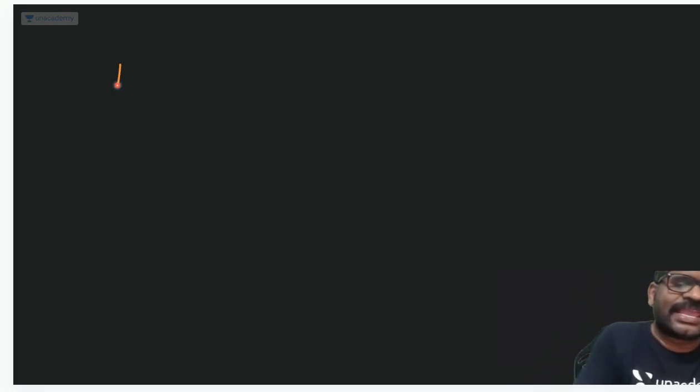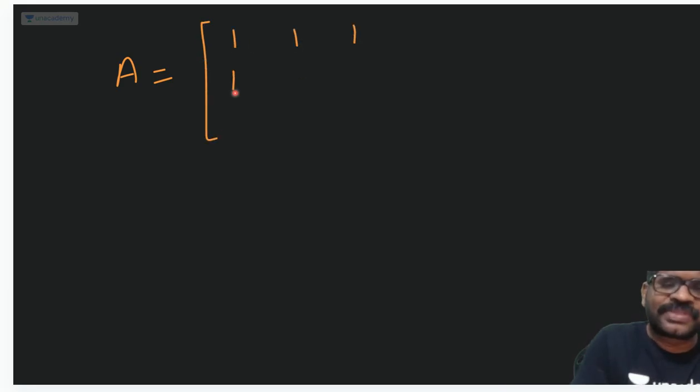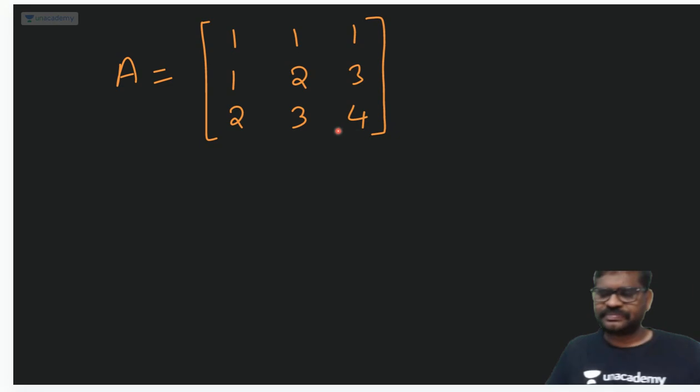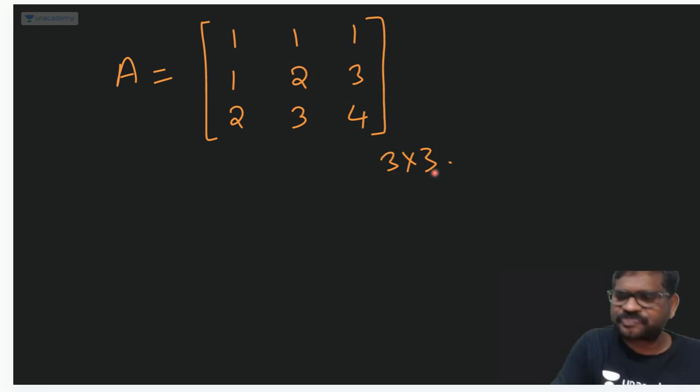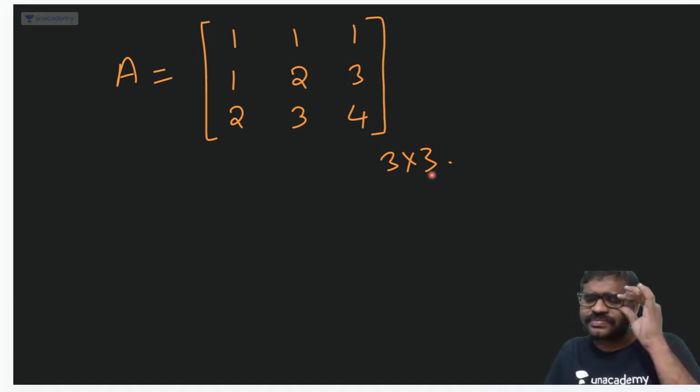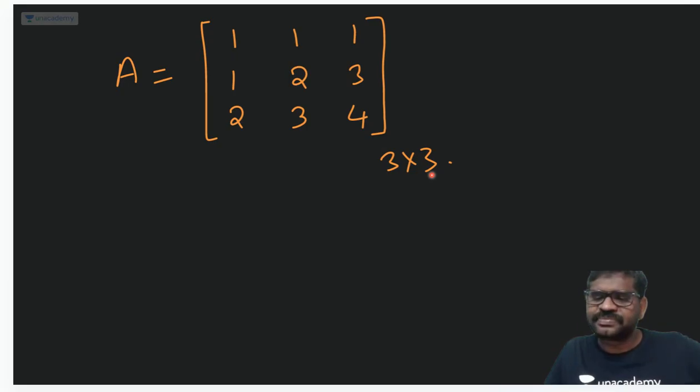Matrix A is, for example, another example: 1 1 1, 1 2 3, 2 3 4. The matrix is 3 cross 3. Observe here.